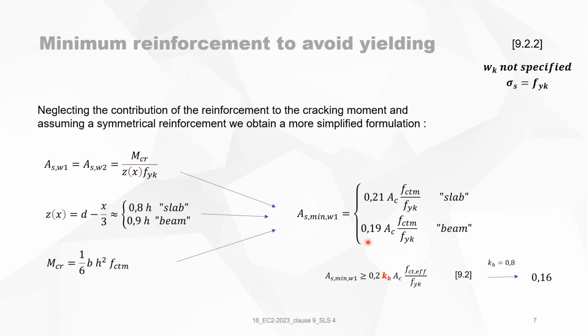So 0.16, and with this new formula 0.21, it's bigger than the 0.16, so we are on the safe side. So if you want to gain some time and some simplicity in your formulation, you can easily use this formula instead of the more complicated ones. And it's on the safe side.